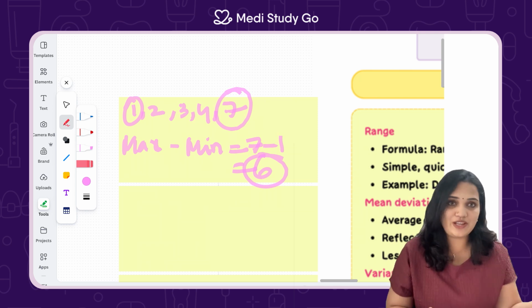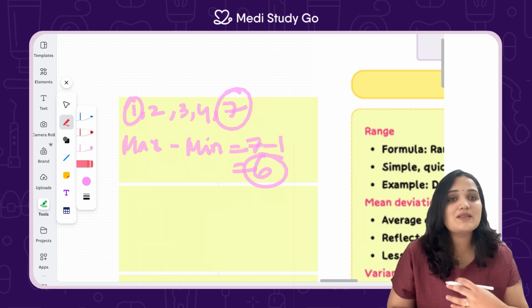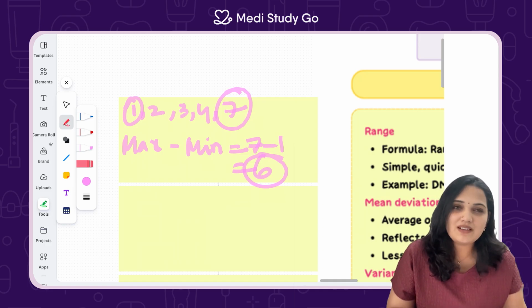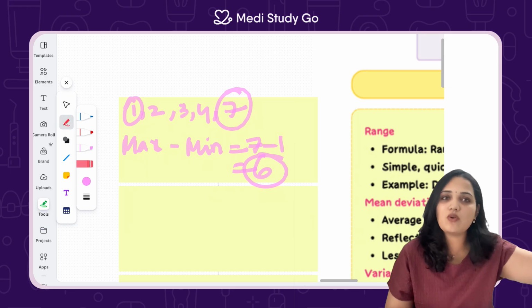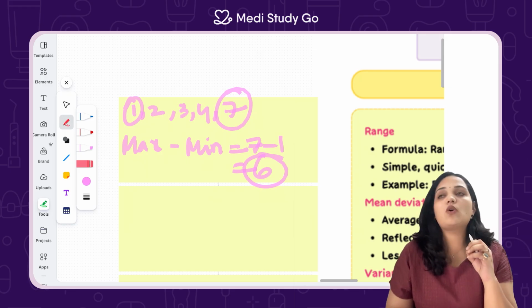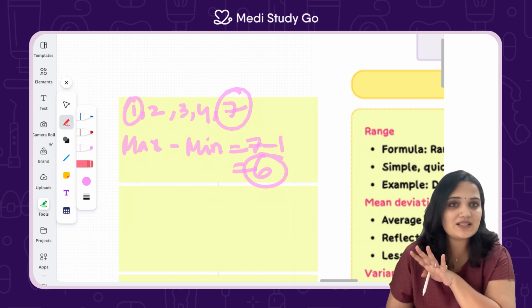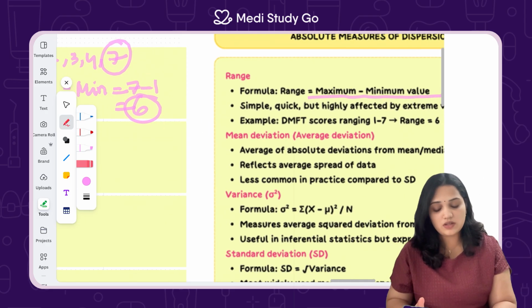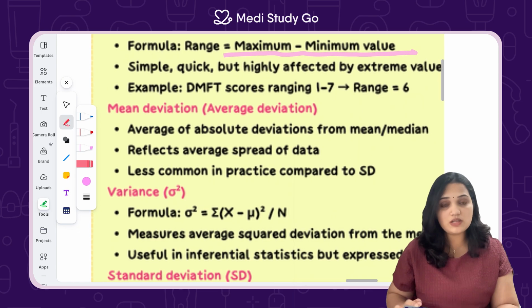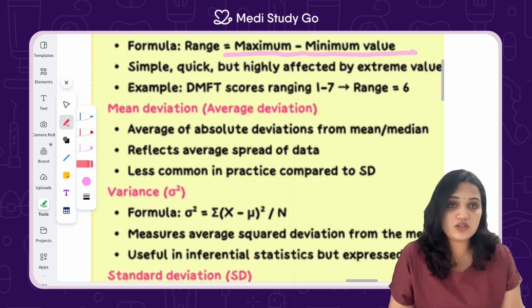That's a huge range. That makes a big difference. But that's not the reality, right? Not all of them are so extreme. So when we talk about range, just like how the mean gets affected by outliers, the range also gets affected by outliers. The next concept that you should learn is the mean deviation.